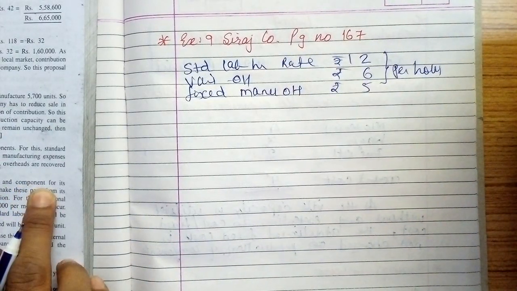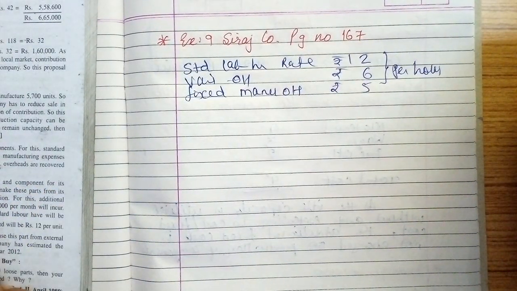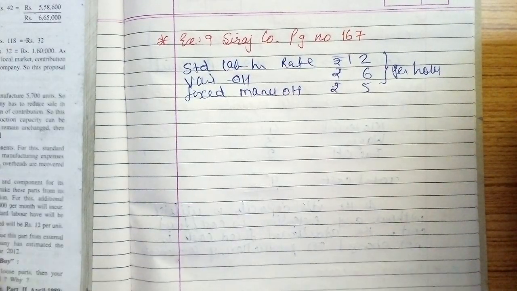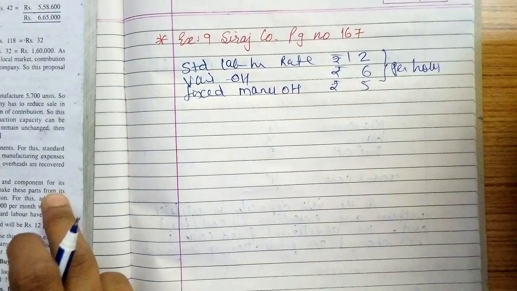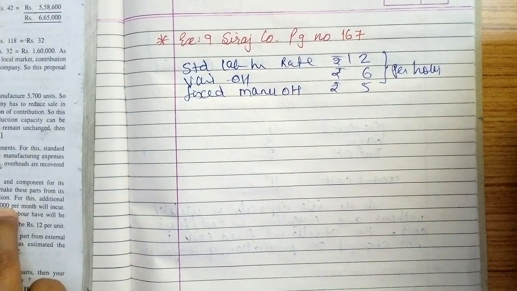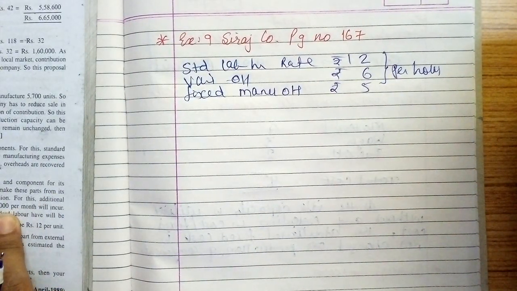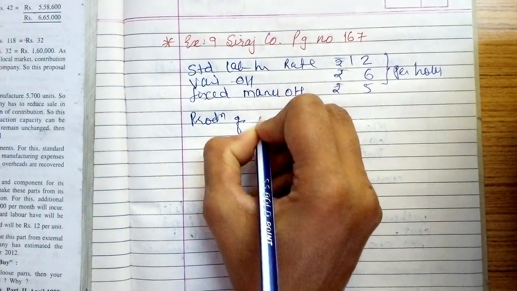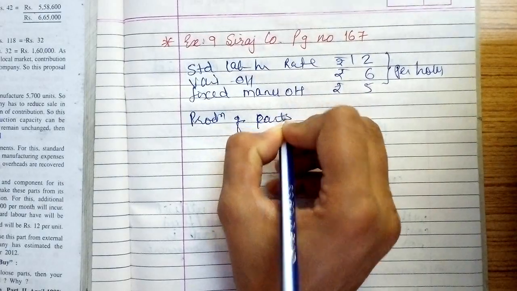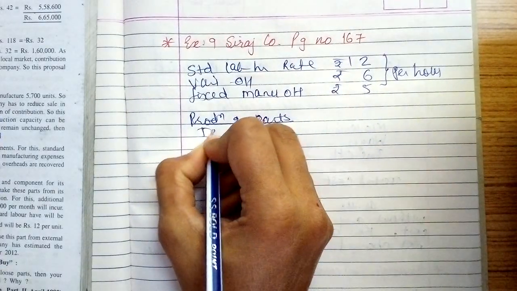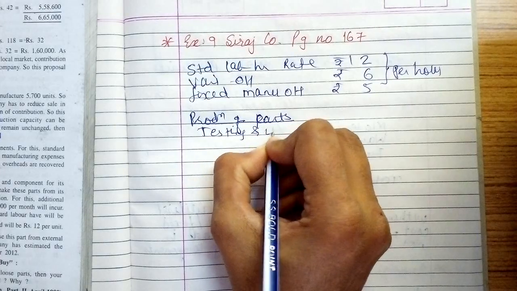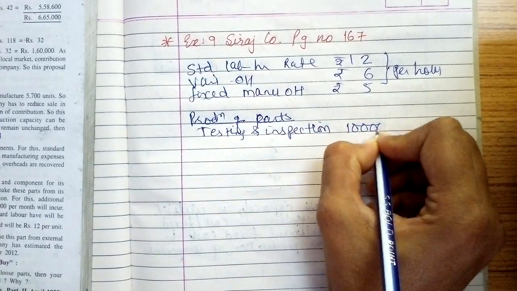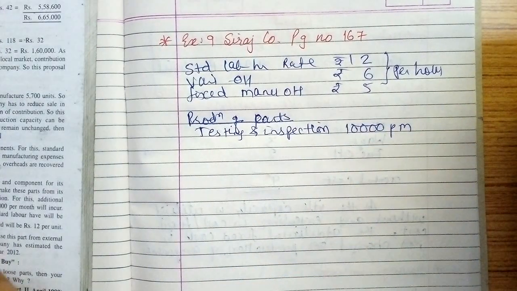Company will require loose parts and components for its production in the year 2012. Company can make this part from its prevailing capacity without any extension. For this, additional testing and supervision charges rupees 10,000 per month will be incurred. So, for the production of parts, તમારે શું કરવું પડશે? ટેસ્ટિંગ એન્ડ ઇન્સ્પેક્શન ચાર્જીસ છે 10,000 rupees per month.